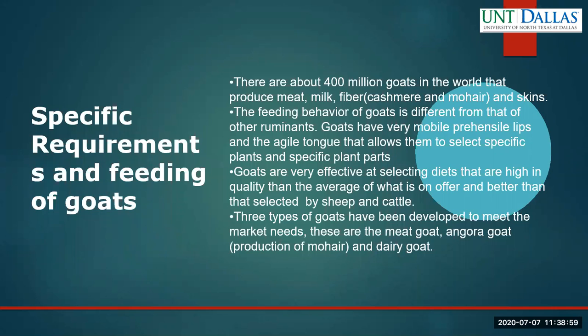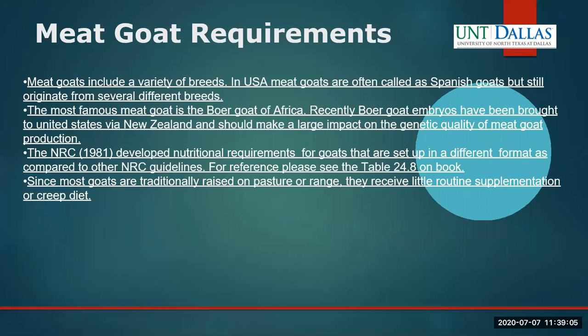In the United States, the meat goats are quite often called the Spanish goats, but still they originate from several different breeds. The most famous meat goat is the Boer goat of Africa. Recently the Boer goat embryos have been brought to the United States via New Zealand, and they make a large impact on genetic quality of meat goat production.